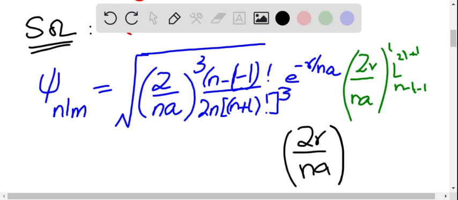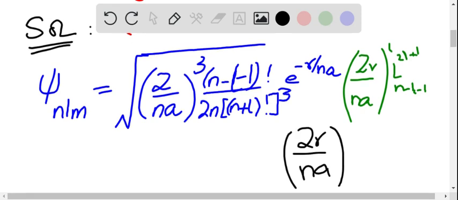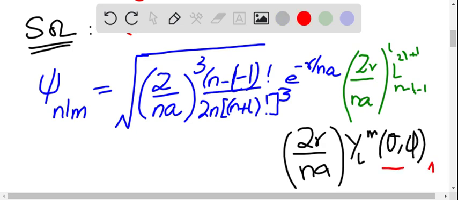Now since I ran out of space, I'm writing the last part of the equation in the next line. Next we have Y sub l raised to power m of theta phi, right? Let's say that this is equation 1.